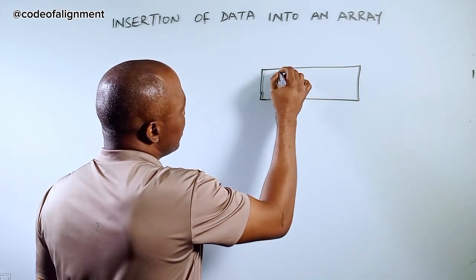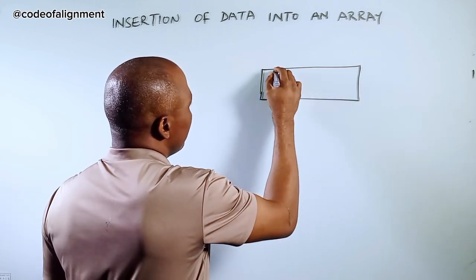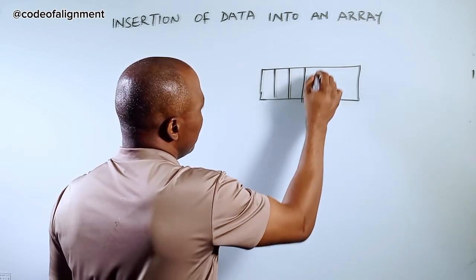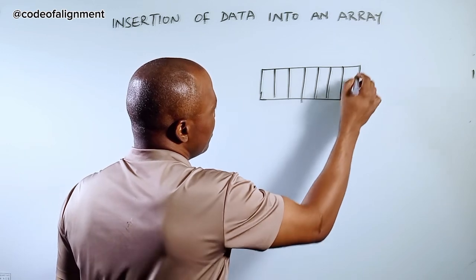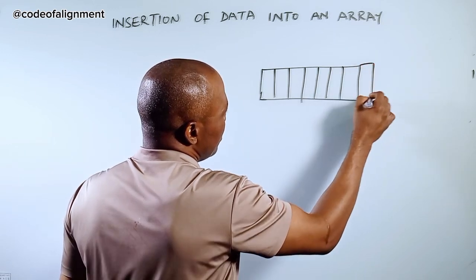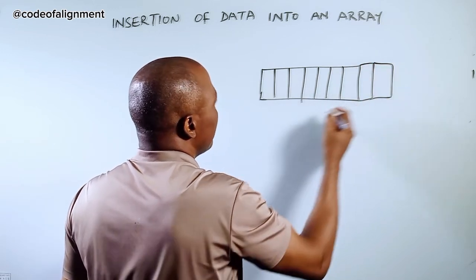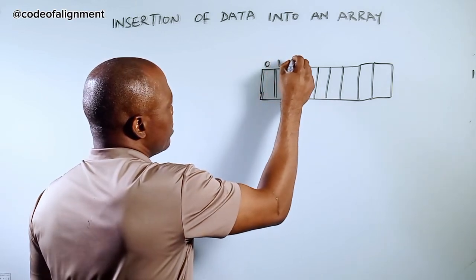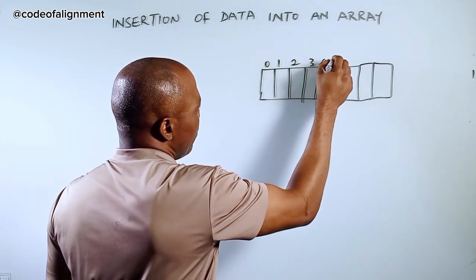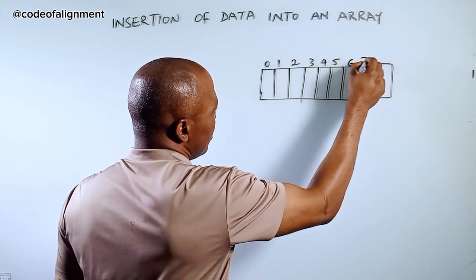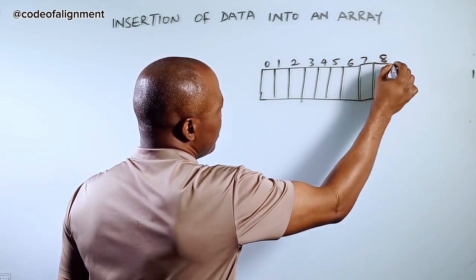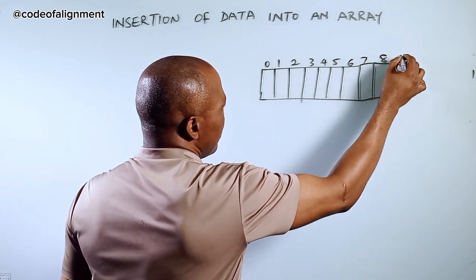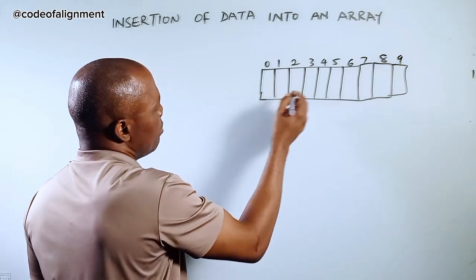I have an array, say 1, 2, 3, 4, 5, 6, 7, 8, 9, so I have indexes 0, 1, 2, 3, 4, 5, 6, 7, 8, 9. So that will be what?